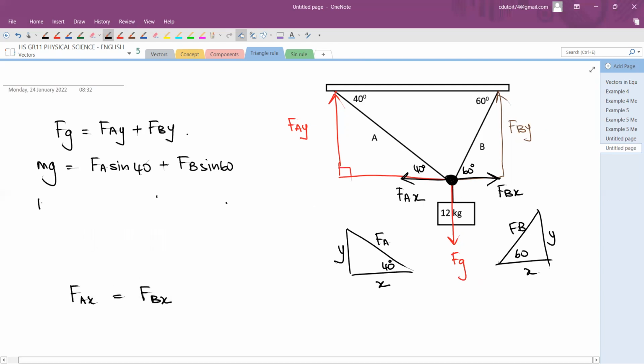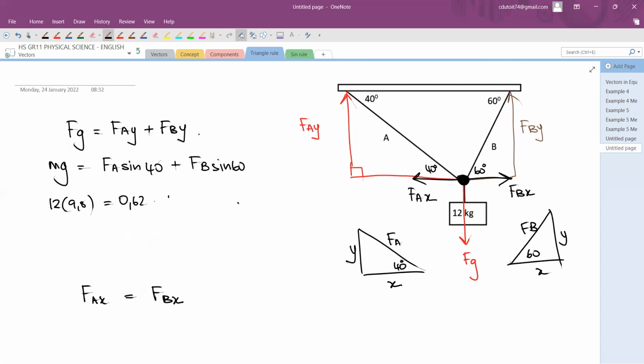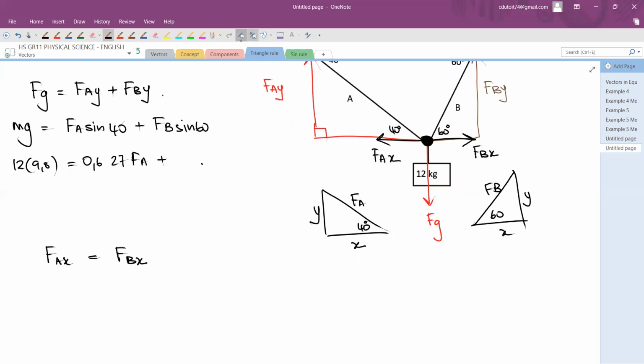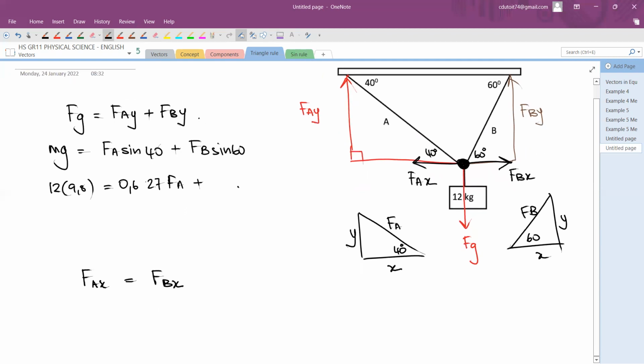That's fine. 12 times 9.8 equals, what is sin 40? It's 0.6427. 0.6427 FA plus I got 60. 0.6427. Yeah, I also got that. I don't know why I wrote the 4. Is it 6427?